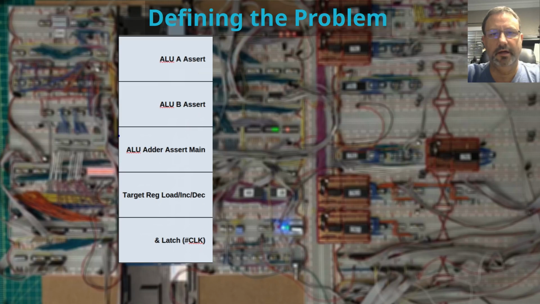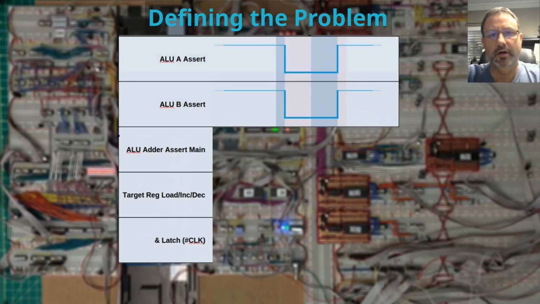Now, ALU A, or the left-hand side of the operation, and ALU B, or the right-hand side of the operation, were both intended to be asserted out onto their respective buses during the entire clock cycle. So this is the high level, the falling edge, the low level, and the rising edge at the end of the clock cycle.